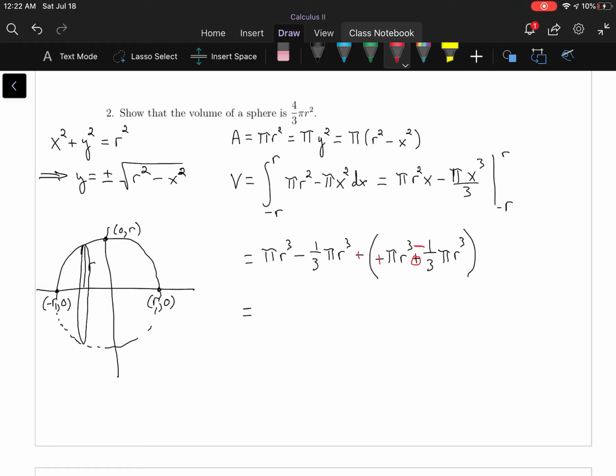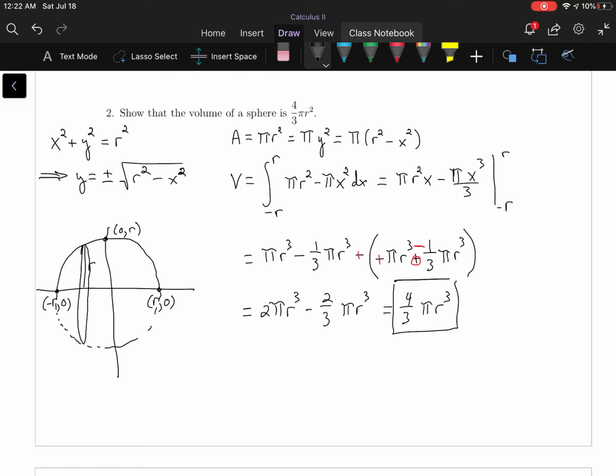So I've got 2 pi r cubed and I have 2 negative 1/3 pi r cubed, which is negative 2/3. And with a common denominator of 3, this comes out to 4/3 pi r cubed.